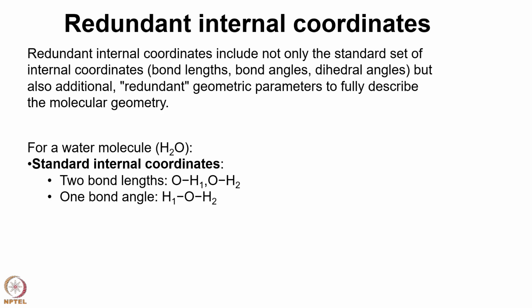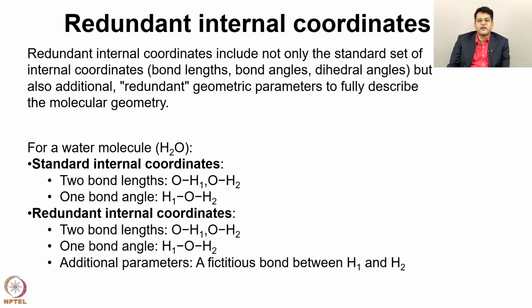Because the water molecule has a particular symmetry, you may consider the 2 OH bonds to be identical before the optimization, and you can do it without putting a constraint also. If you optimize properly, both bonds will come out the same. In the redundant internal coordinates, you also have these 3 coordinates, the 2 OH bonds and the HOH bond angle, and you also have an additional fictitious bond between H1 and H2. So you get a total of 4 coordinates, and this makes the optimization easier.